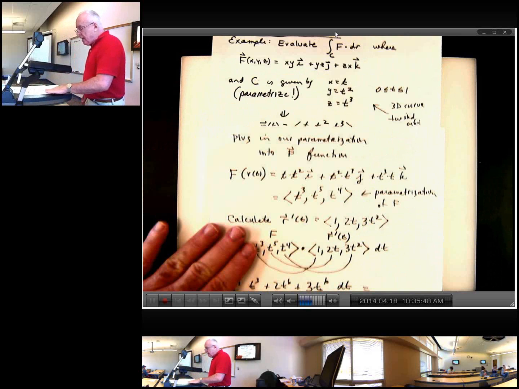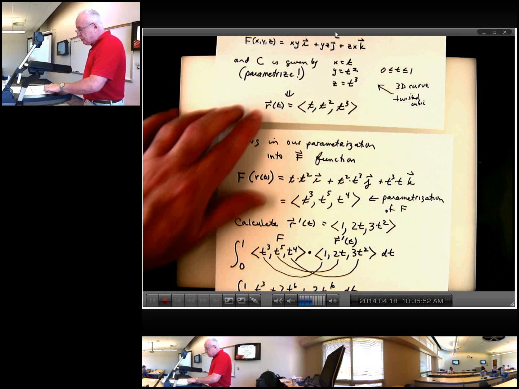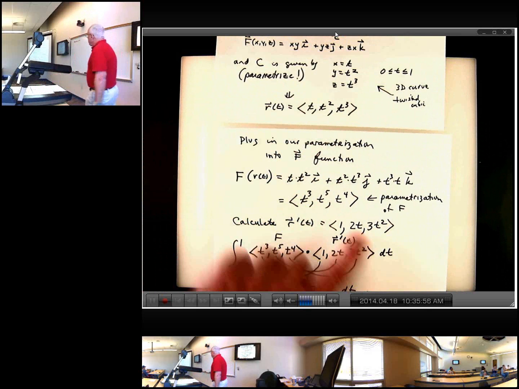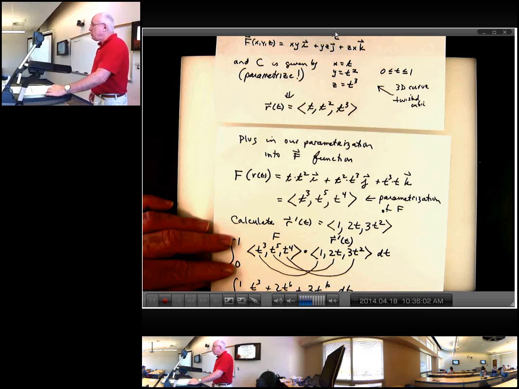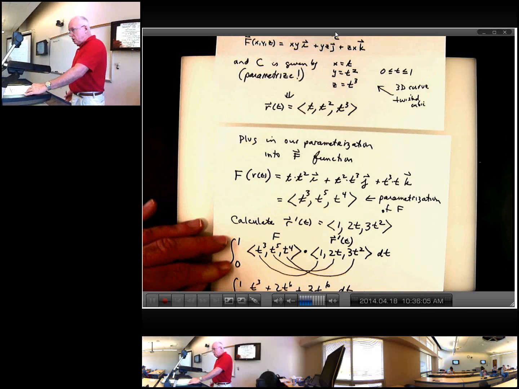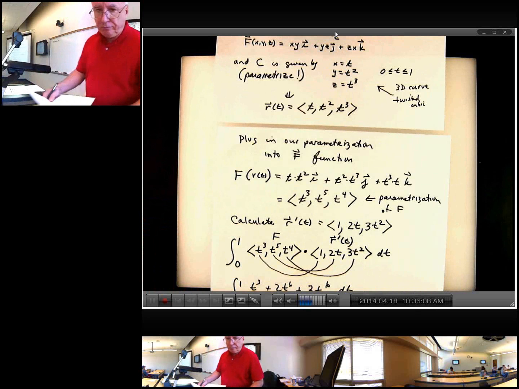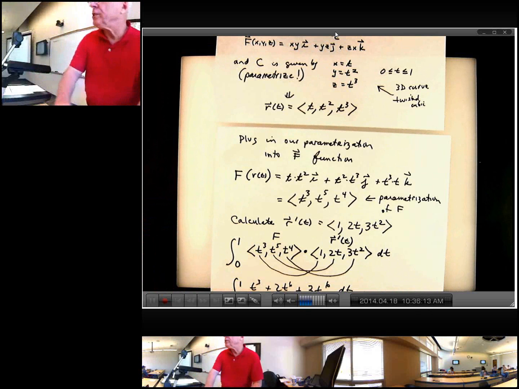We then have to get the first derivative of the curve that we're given, dot product them together, and then we have our limits of integration, whatever they are. Any question on this first example?